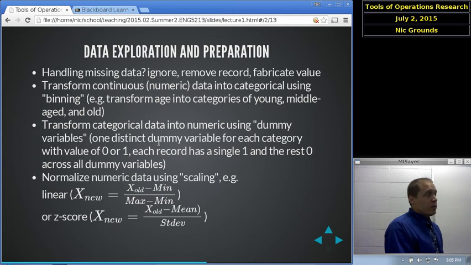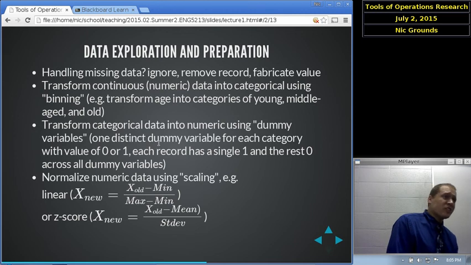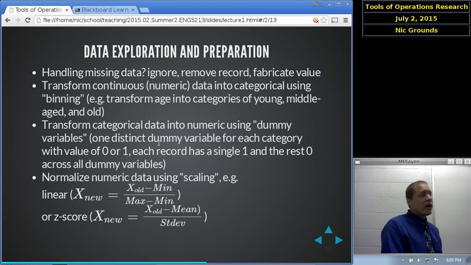Okay? And while that might make some sense, throwing away data is losing information, right? It'd be better if we could find another way to handle that. One other way we can handle that is we could just try to ignore the fact that we don't have data. Again, most data mining algorithms are going to require that data be present in every field.